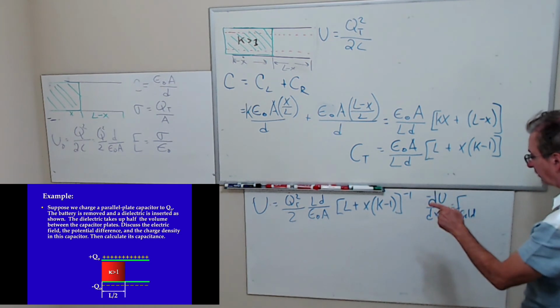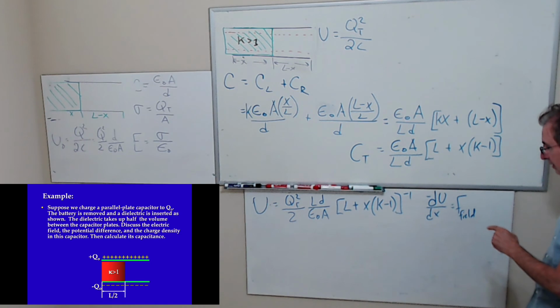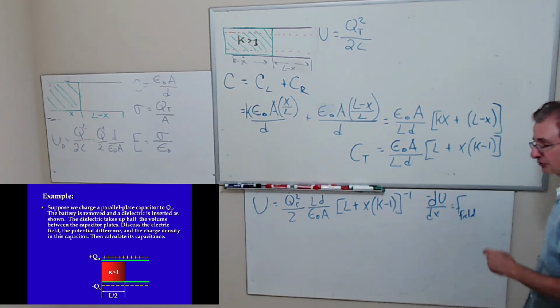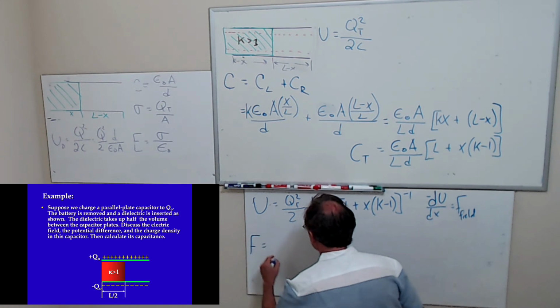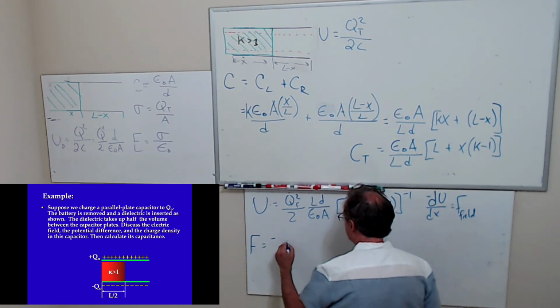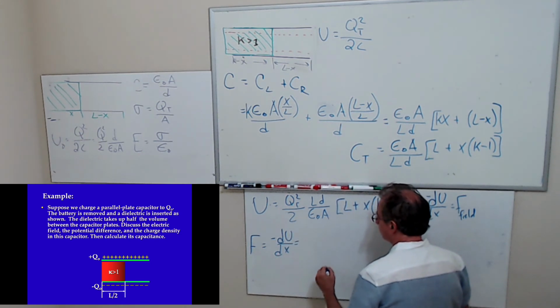So if I take the derivative of that with respect to x, and take the negative of it, I will get the force due to the field. So F is going to be the negative of dU over dx. So what is that going to give me?